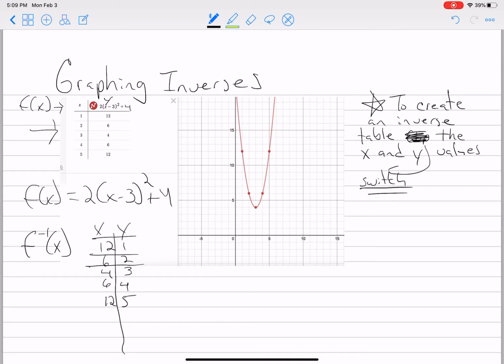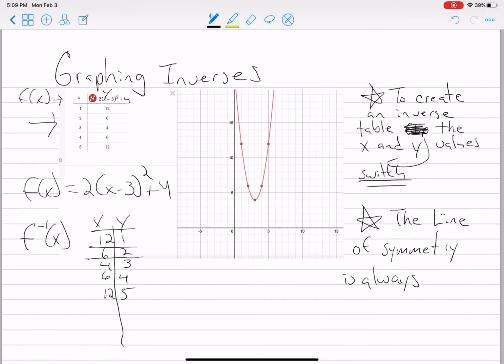Now remember the other thing we need to know about the inverse is that the line of symmetry is always y equals x, no matter what the inverse is.